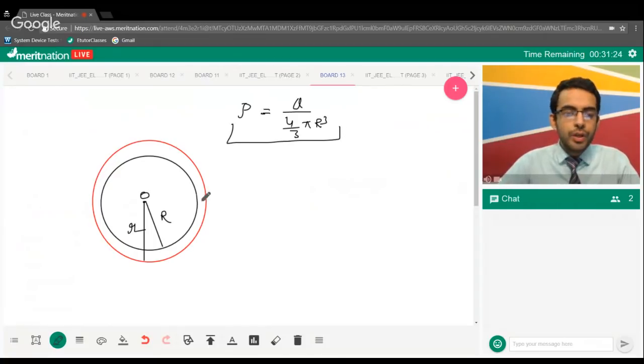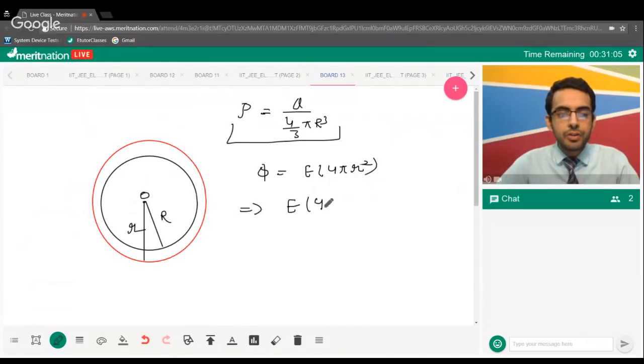So when you take the Gaussian surface outside it, in the same way you can say E into 4 pi r square is the electric flux. So we can say that E into 4 pi r square is equal to Q over epsilon naught, where Q is the charge on this complete sphere, right?